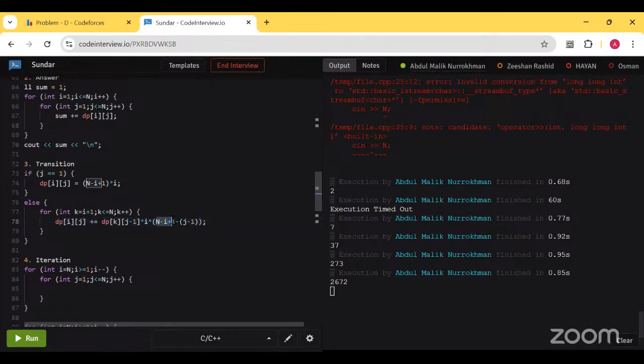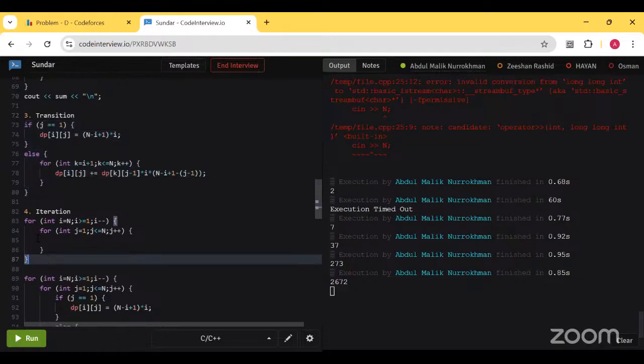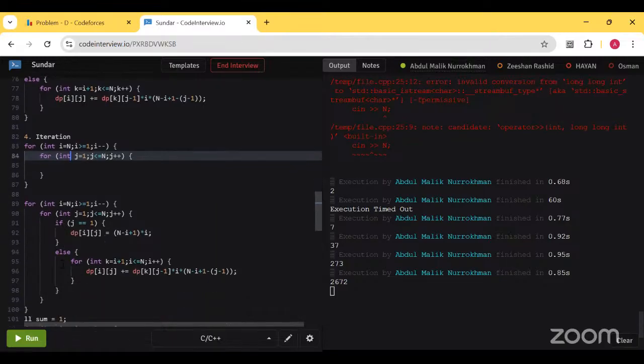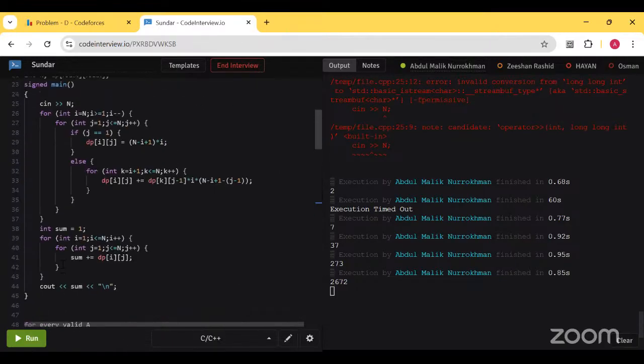Actually, there are n minus I plus 1 possibilities, but since we already use j minus 1 operations for removing the other next tokens, we will subtract this. So this is the transition, and we iterate like this since dp[I] needs another greater value, and finally just combine them.